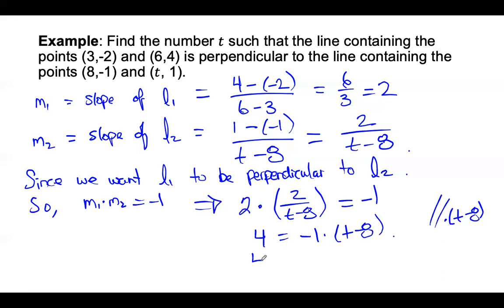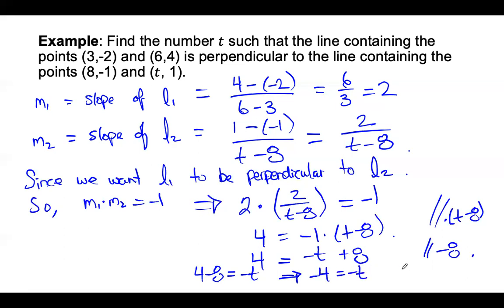Distribute this in: 4 equals -t plus 8. Subtract 8 from both sides, and we got 4 minus 8 is equal to -t. This is equal to -4 equals -t. So therefore, t equals 4. That would be your other point.